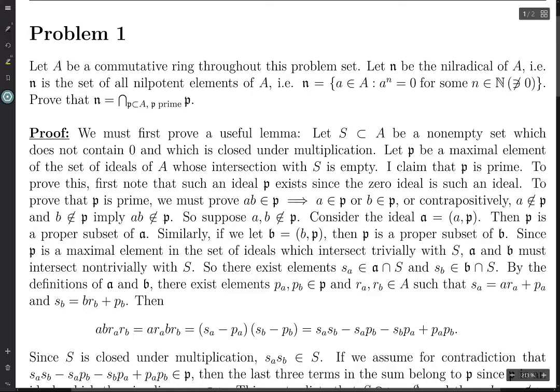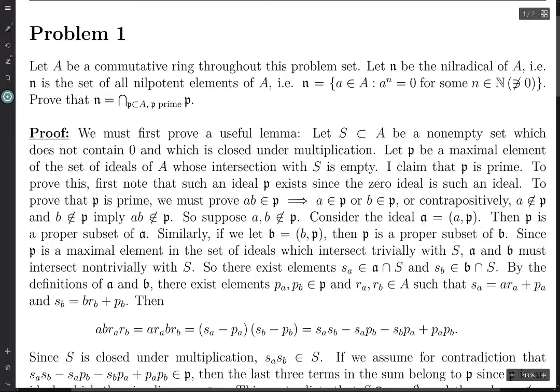The first one will be this fancy A, the ideal generated by a and P. Then P is a proper subset of A, because since A is generated by a and P, it contains everything in P, and it's proper because we have this element a which is in fancy A but not in fancy P.